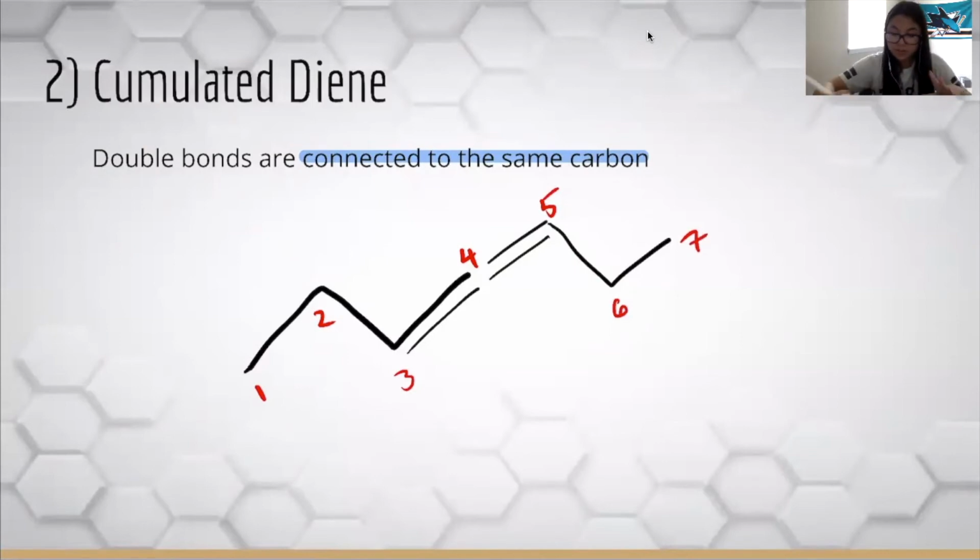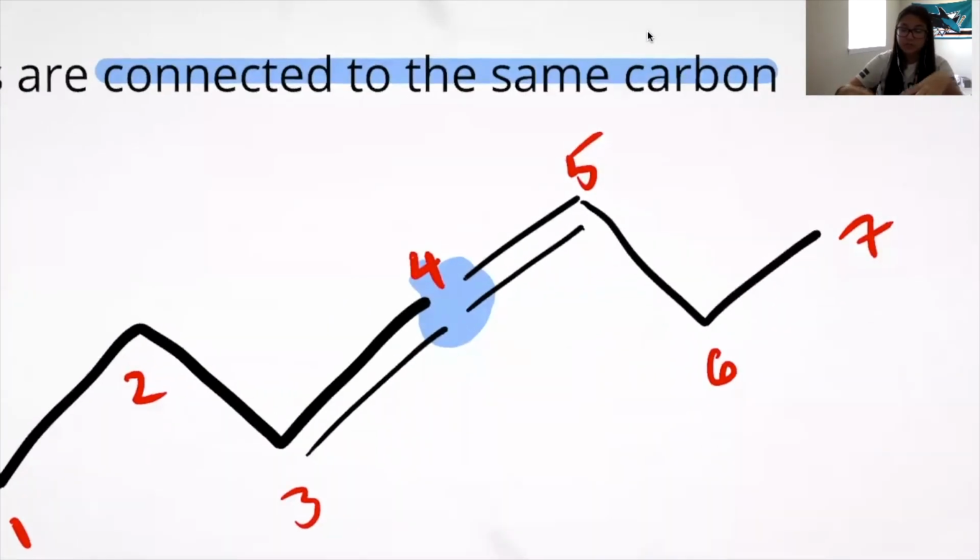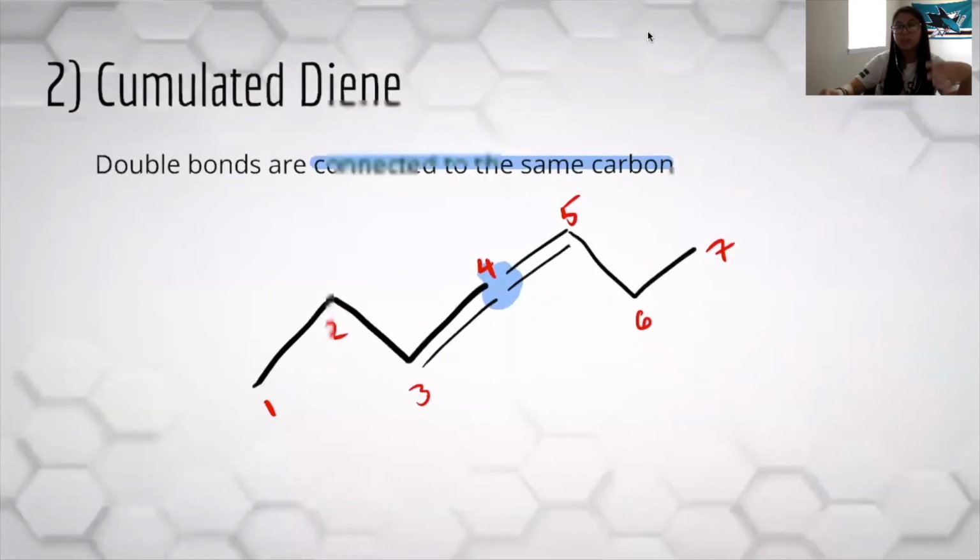The double bond is occurring at 3 and 4, and again from 4 to 5. Carbon number 4 is the carbon that's shared between the 2 double bonds, so it is a cumulated diene. If you notice, I drew the double bonds in a linear structure. The bond has a 180-degree bond angle due to how the p-orbitals are organized.